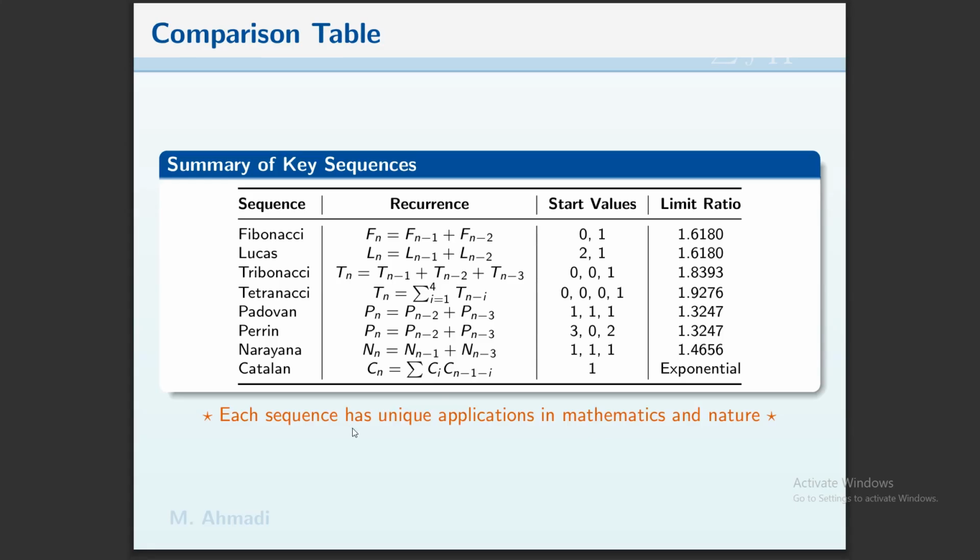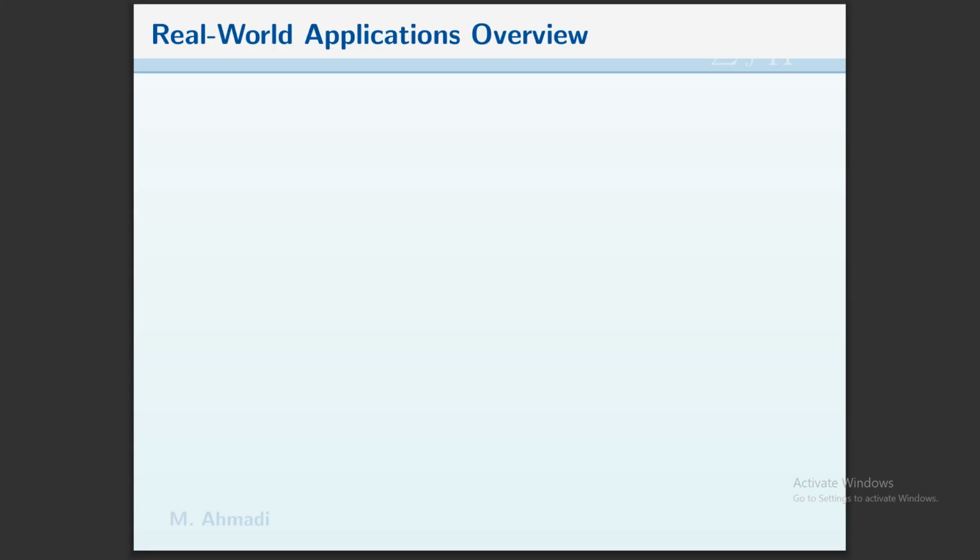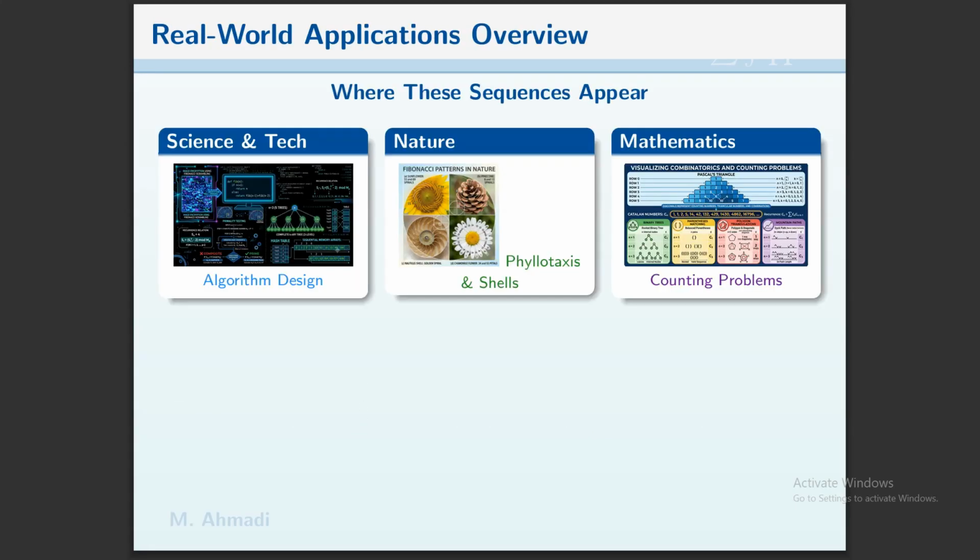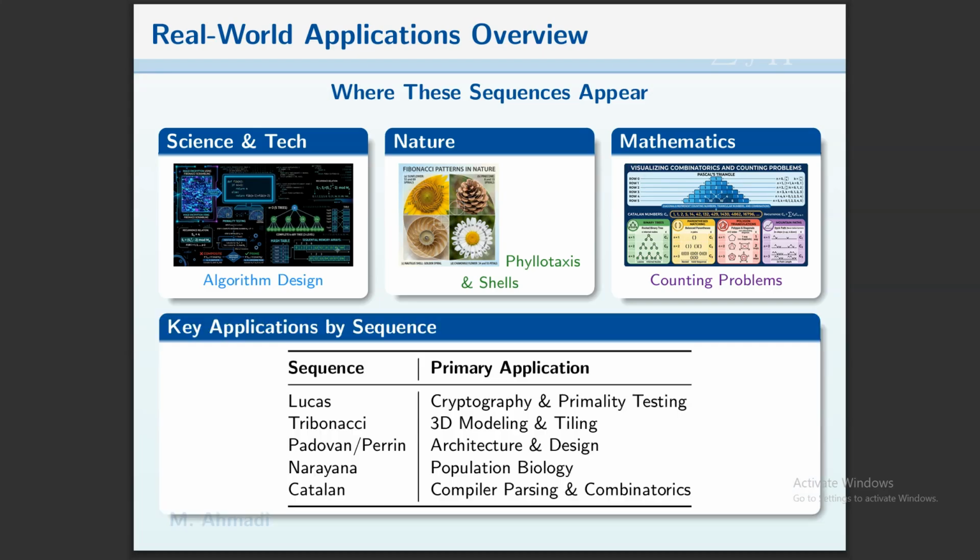Each sequence has unique applications in mathematics and nature. Here we can see some real applications of the generalized Fibonacci. We can see it in algorithm design, in science and technology, in nature like the traditional Fibonacci, and in mathematics for encryption and combinatorics.